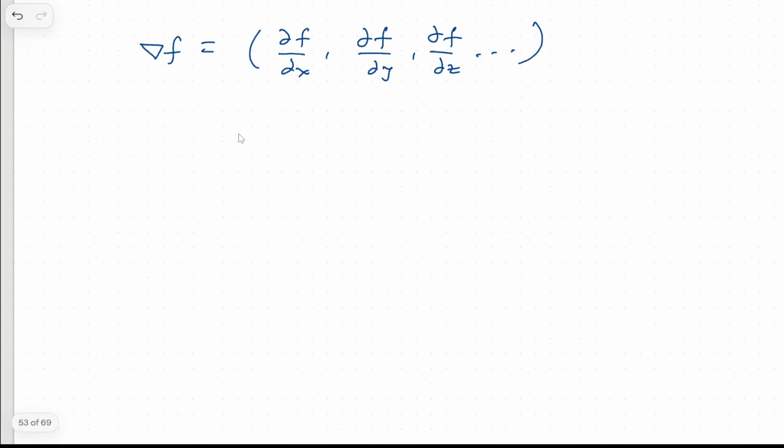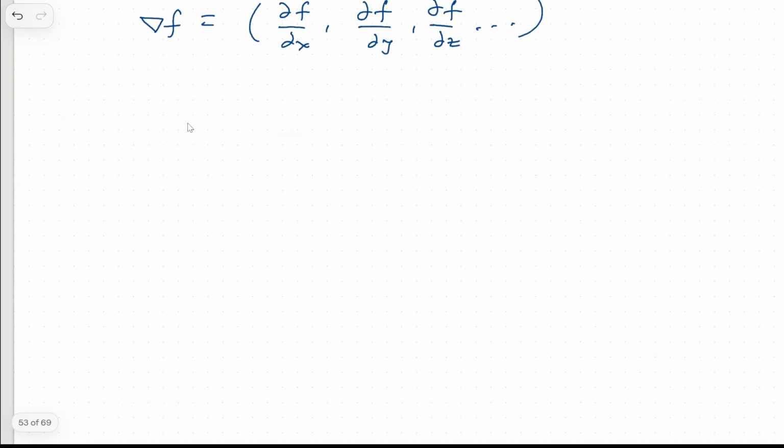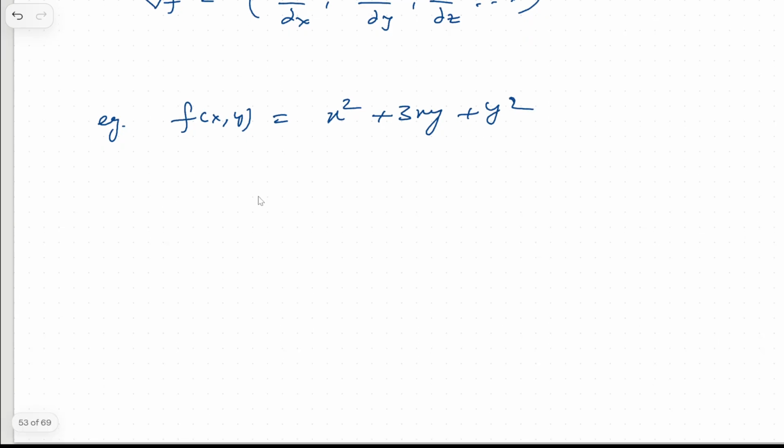Now let me give you an example. Suppose for the same function, I will take the same example everywhere so that you can correlate properly. If we were to write the gradient for this, then what will we do? First, we will calculate fx, which is 2x plus 3y. Then we will calculate fy, which is 3x plus 2y.